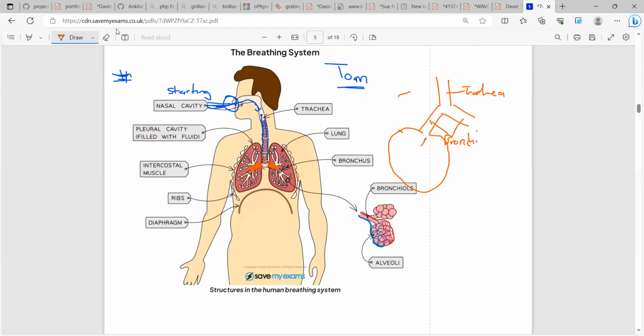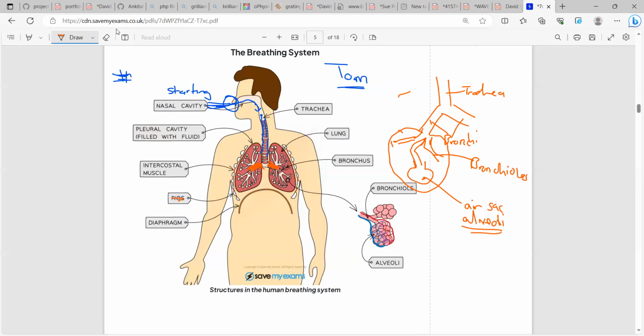But the bronchi is going to get subdivided into what we call bronchioles. So from the bronchi, we have bronchioles. And then from there, right at the end, we have our air sac, where gaseous exchange takes place. Air sac or alveoli or alveolus, isn't it? So you must be able to label this.